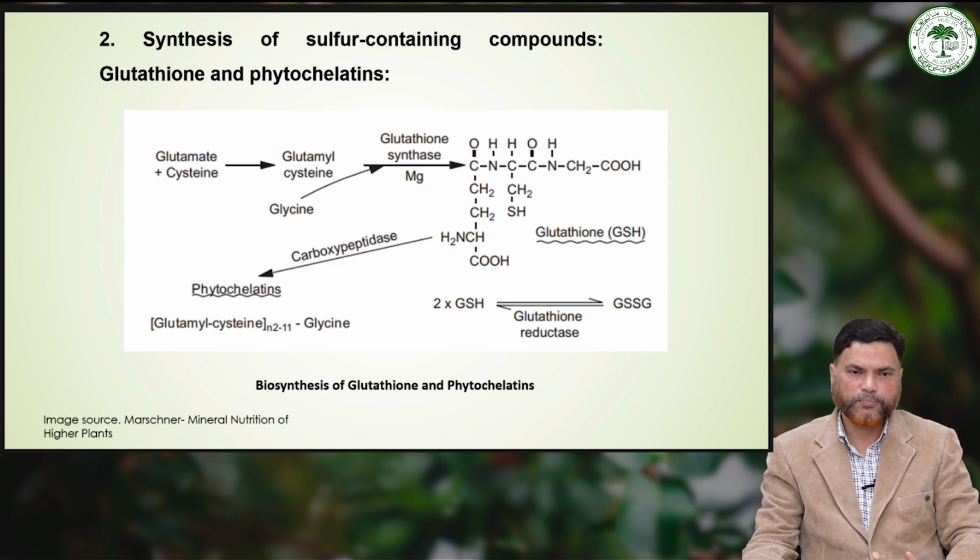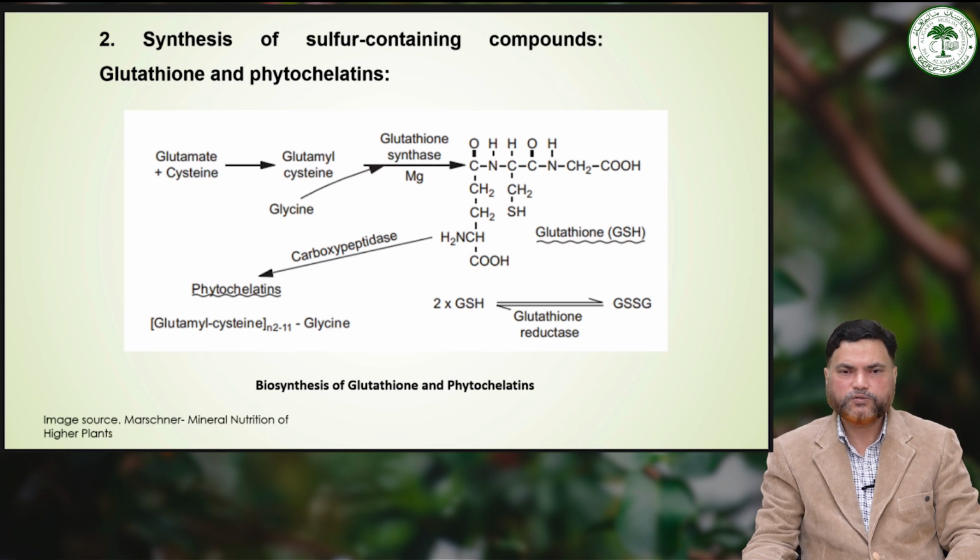These peptides basically chelate heavy metal ions through the thiol group of cysteine residues, forming stable compounds that are sequestered within the vacuoles and thus prevent the metals from causing damage to cellular structures and biomolecules.